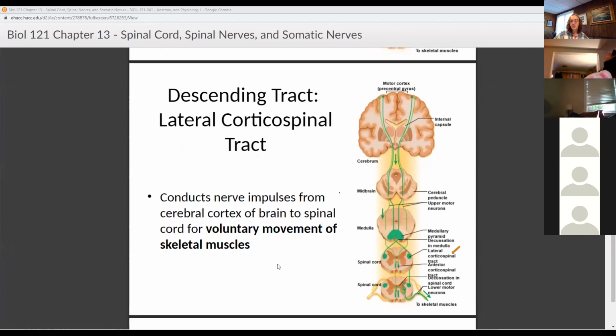In this descending tract, the lateral corticospinal tract is going to conduct nerve impulses from the cerebral cortex of the brain to the spinal cord for voluntary movement of muscles.